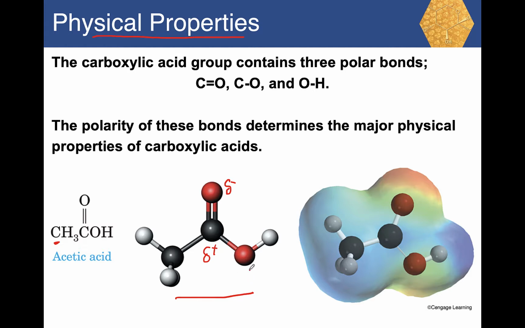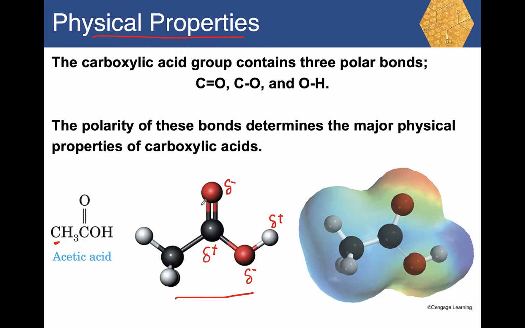This oxygen here, being electronegative, is partially negative, and this hydrogen here, being electropositive, is partially positive. So you can see there are at least 3 polar bonds in the carboxylic acid functional group.